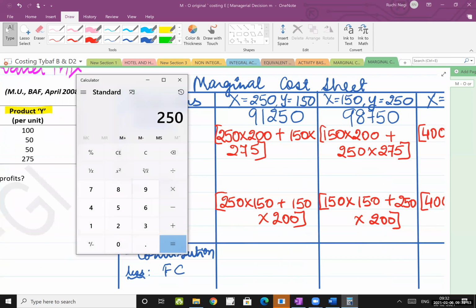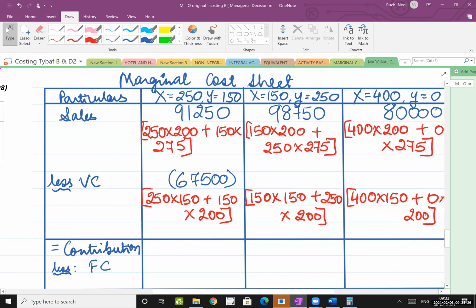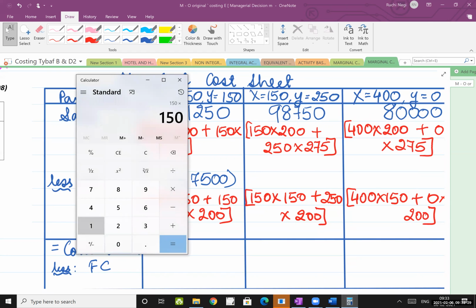Next, 250 into 150, 37,500. 150 into 200, 30,000. Total 67,500. Next, 150 into 150, 22,500.